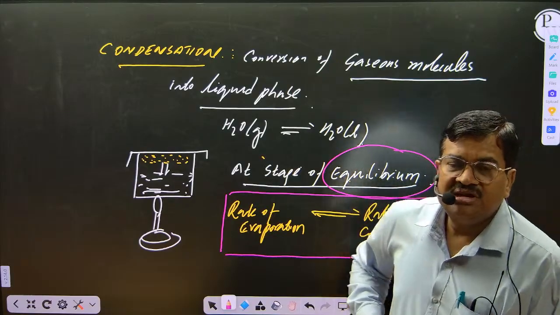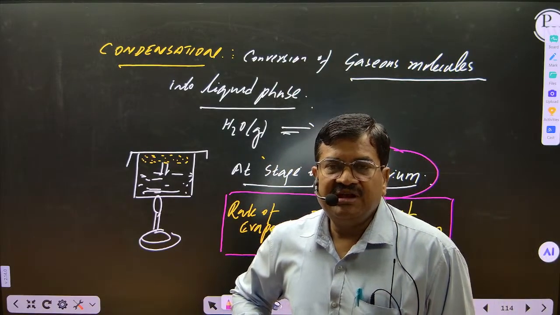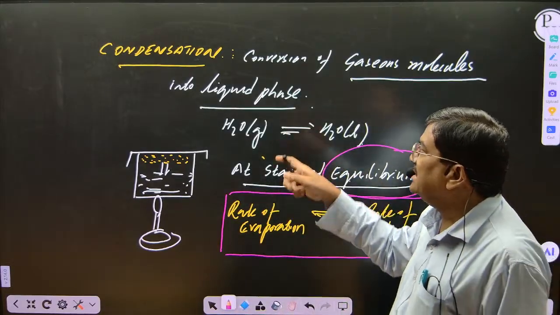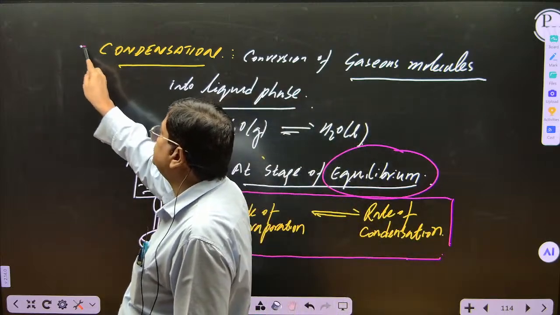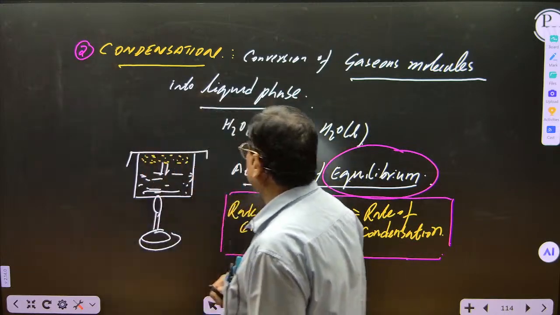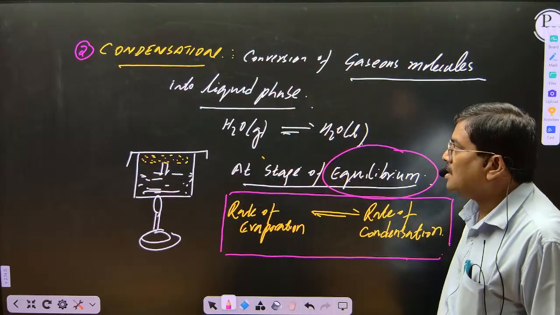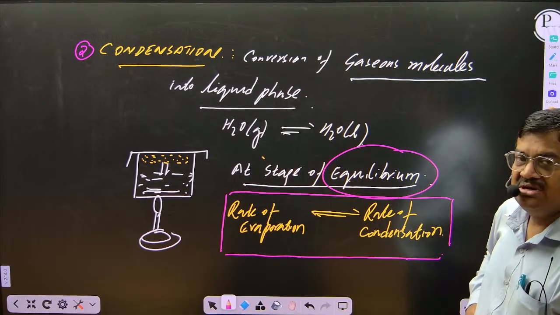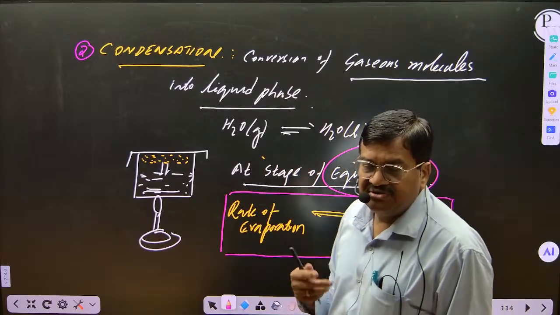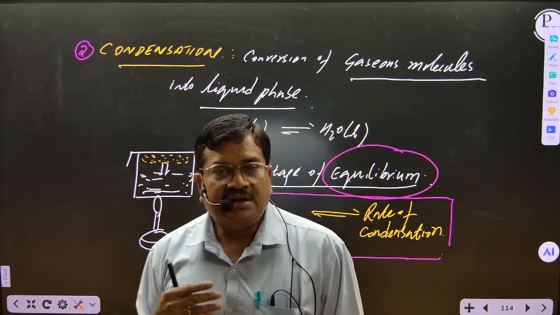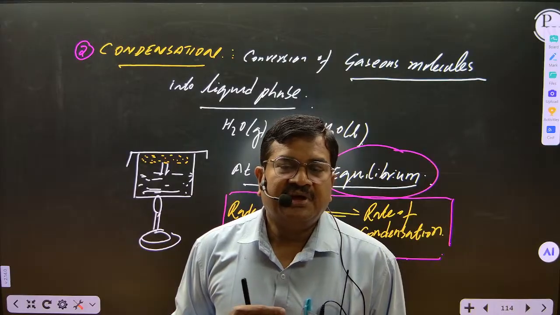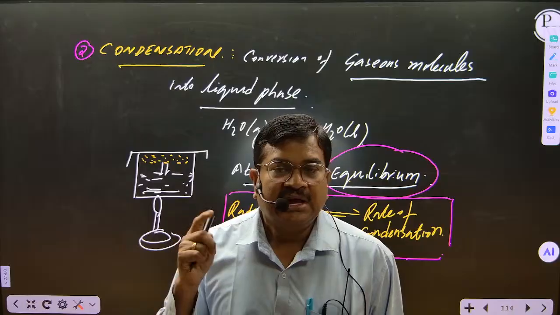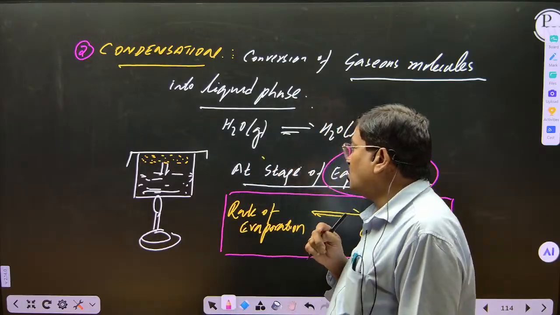Following, students. So till now we learned what evaporation is and what factors influence evaporation. Next we discussed condensation. Clear up to here everyone? Simple. Now next we have to discuss a new, important term, vapor pressure. Now what is vapor pressure?